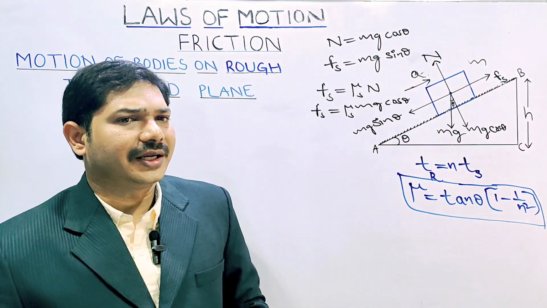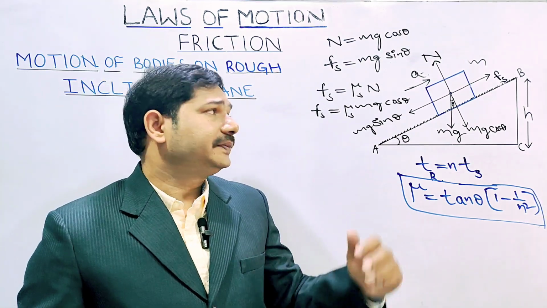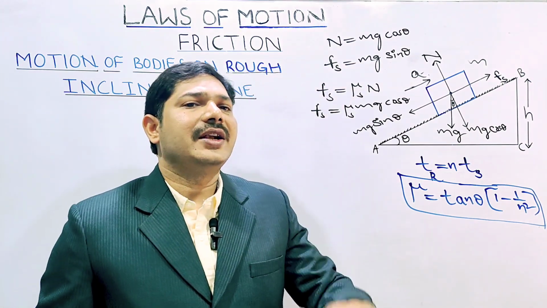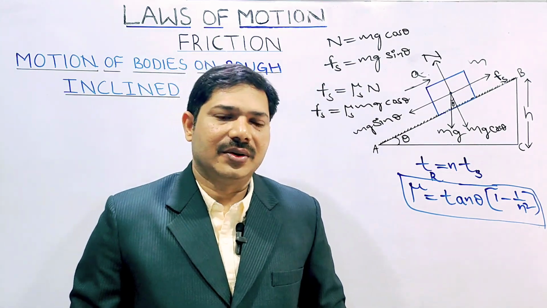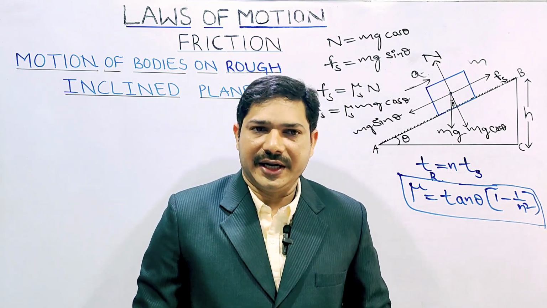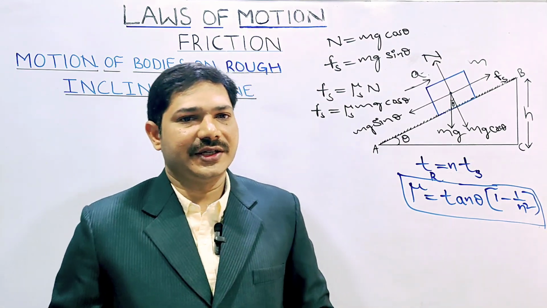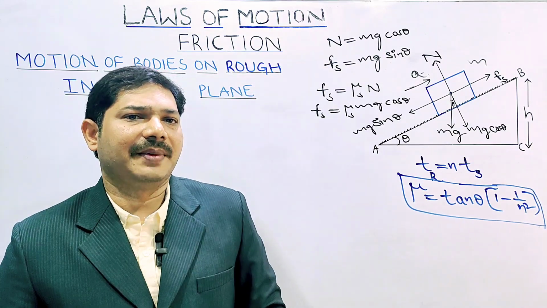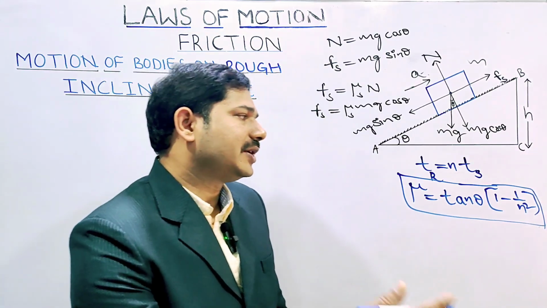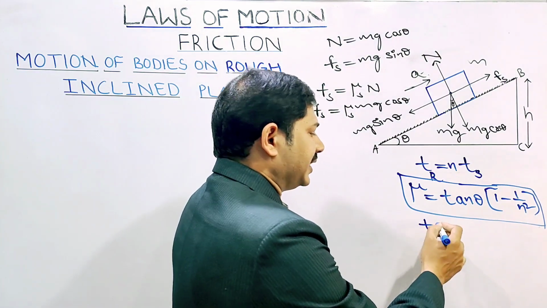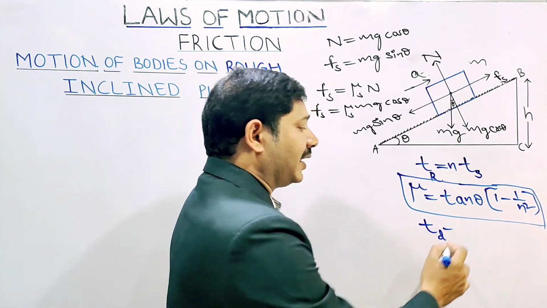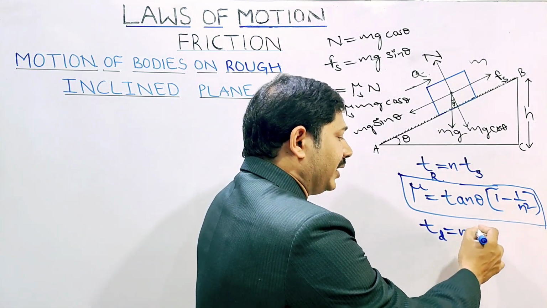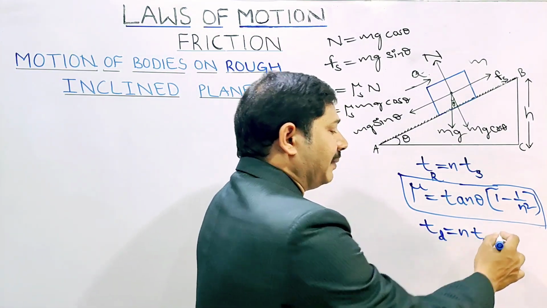Like that, another case is here. On the rough inclined plane only, the time taken to slide down is TD, time of descent. And the time taken to go up is the time of ascent, TA. So the relation between time of ascent and time of descent, both on the rough inclined plane: TD is equal to n times TA.